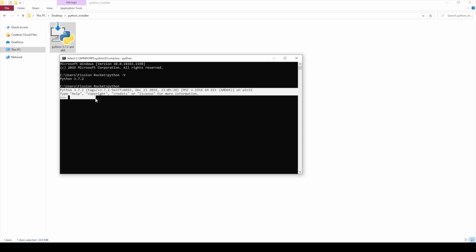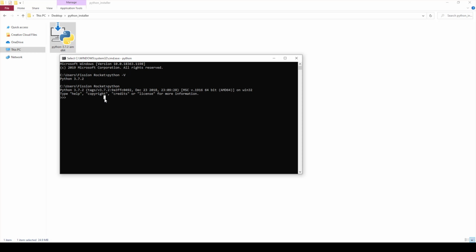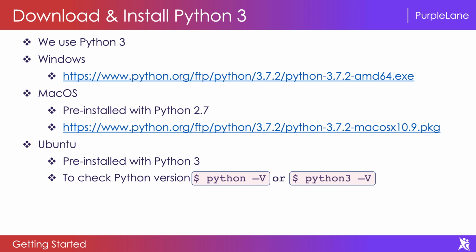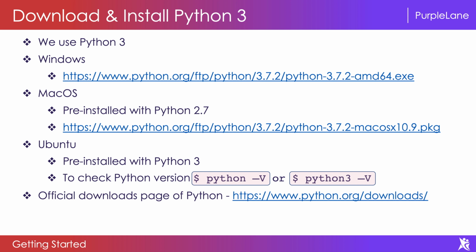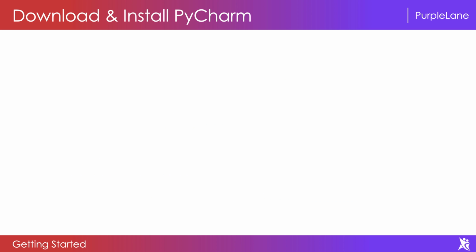It will show something like this, which means you are in the Python interpreter. You can exit from this Python interpreter just by giving the command exit like this. If you want to check out all the versions for any operating system, you can just go to the official downloads page of Python. I'll share this presentation with you so that you will have all these download links handy.